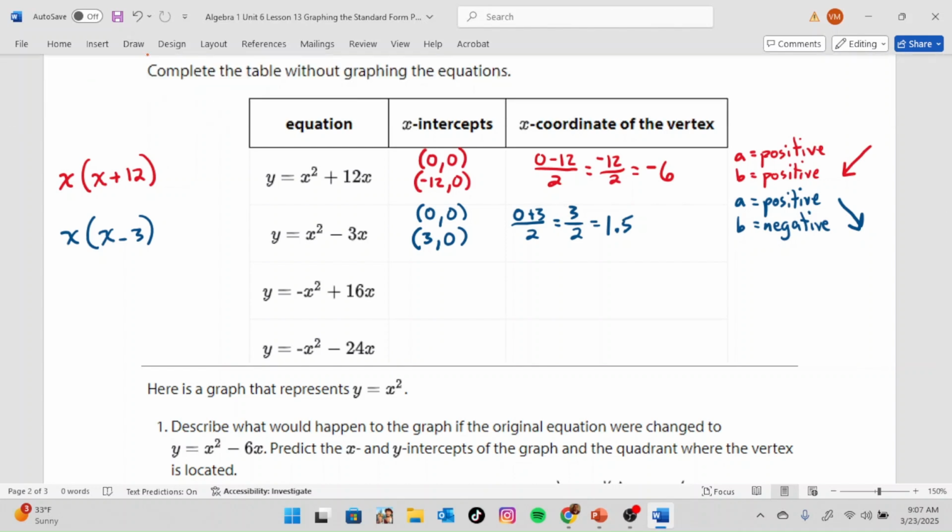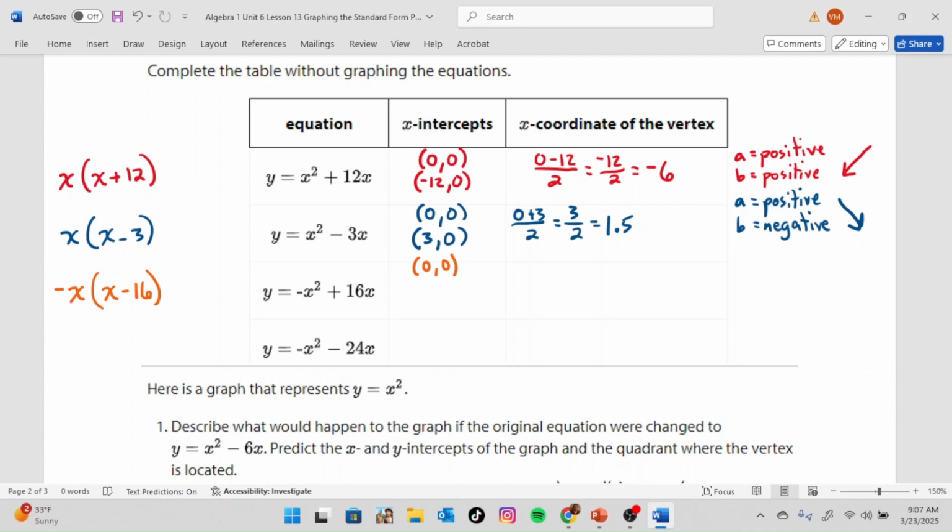Let's look at the third one. Now we have negative x squared plus 16x. So I'm going to factor out a negative x. And this becomes negative x times x minus 16. So if I let negative x equal 0, then I have an intercept at 0.